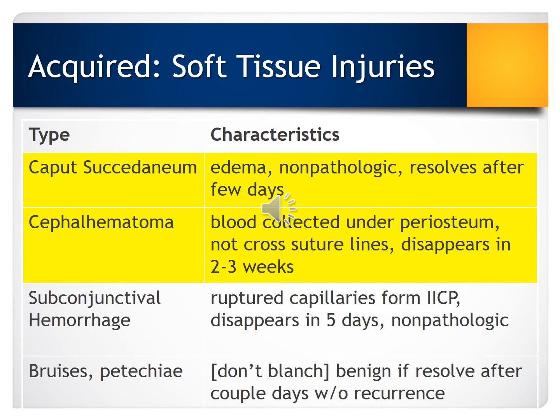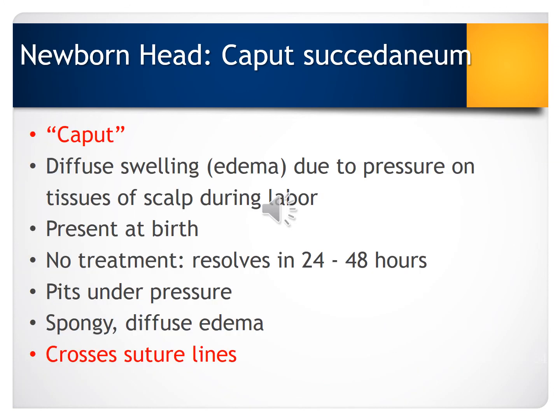Two acquired soft tissue injuries that you must be aware of and be able to differentiate are caput succedaneum and cephalohematoma. We'll talk about these two individually on the next two slides. Caput, for short, is a diffuse swelling or edema due to the pressure placed on the fetal scalp during labor.